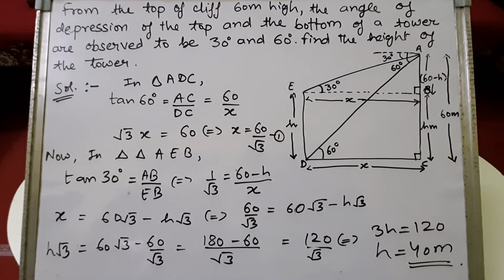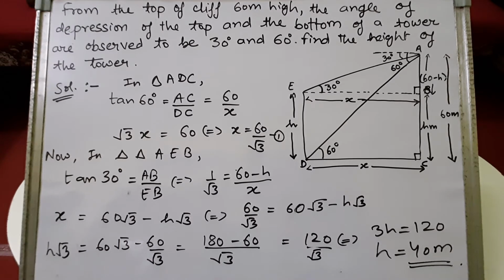Now transfer this h root 3 to that side and 60 root 3 to this side. So this minus will become plus and this plus will become minus. It will become h root 3 equals 60 root 3 minus 60 upon root 3. Right. So when we take the LCM, what we'll get? 180 minus 60 whole upon root 3. So 180 minus 60 is 120.